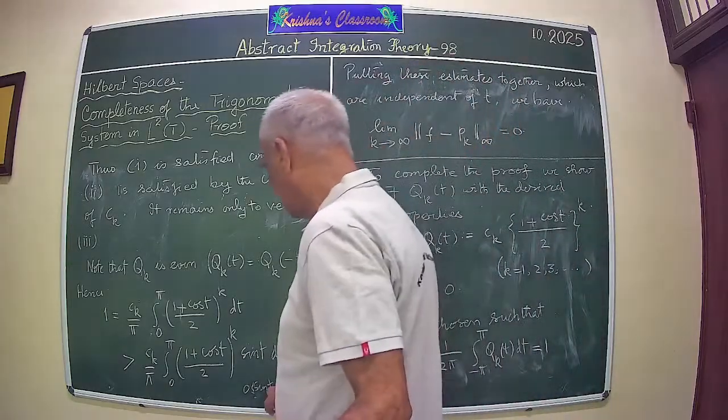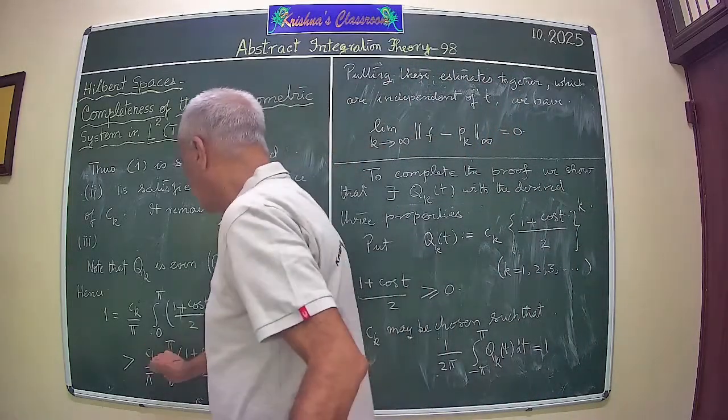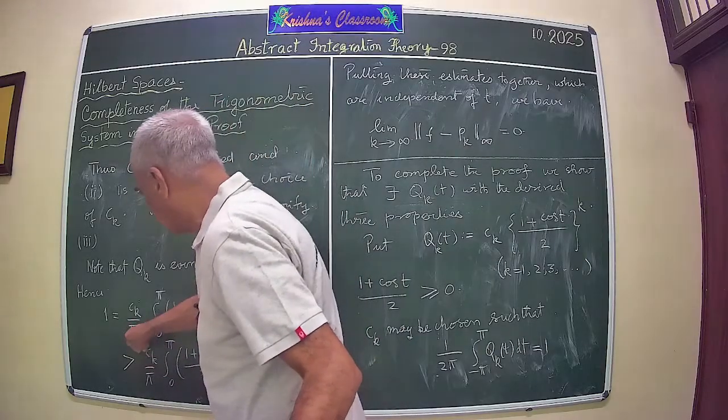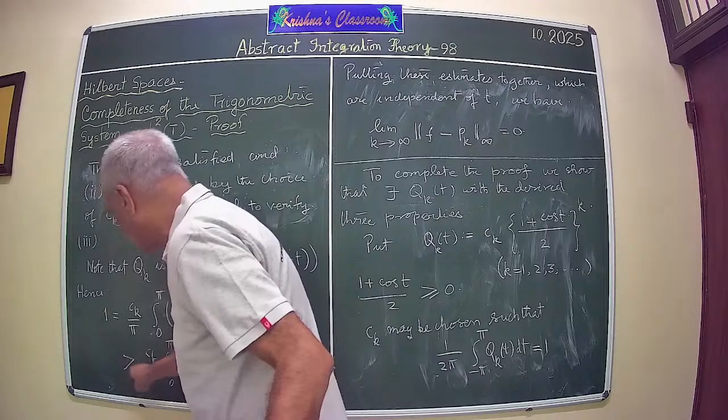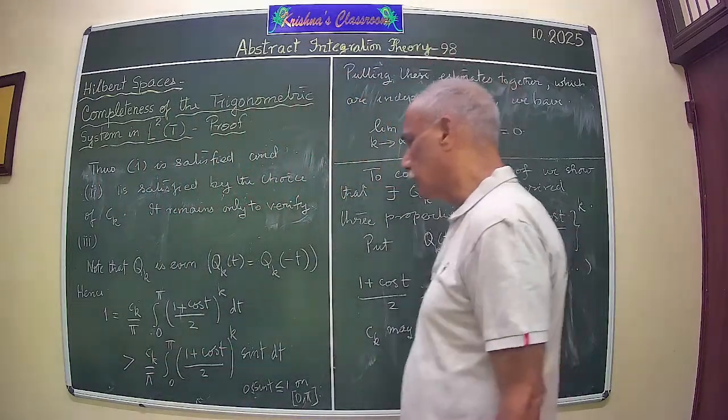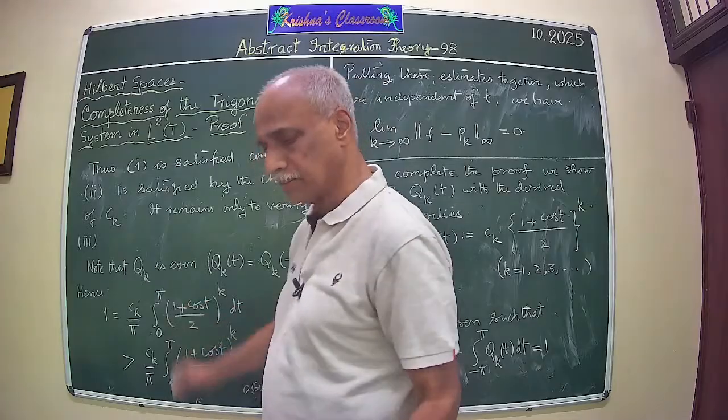Okay, and this is less than 1, therefore when you multiply this by sin t and integrate it, the inequality would be greater than this one. Okay, so we are lowering this part. Now we estimate.